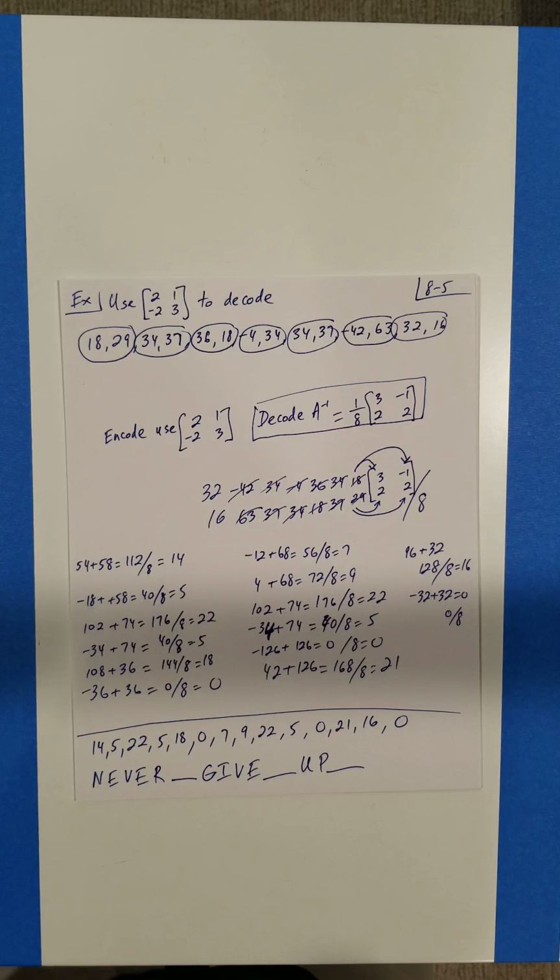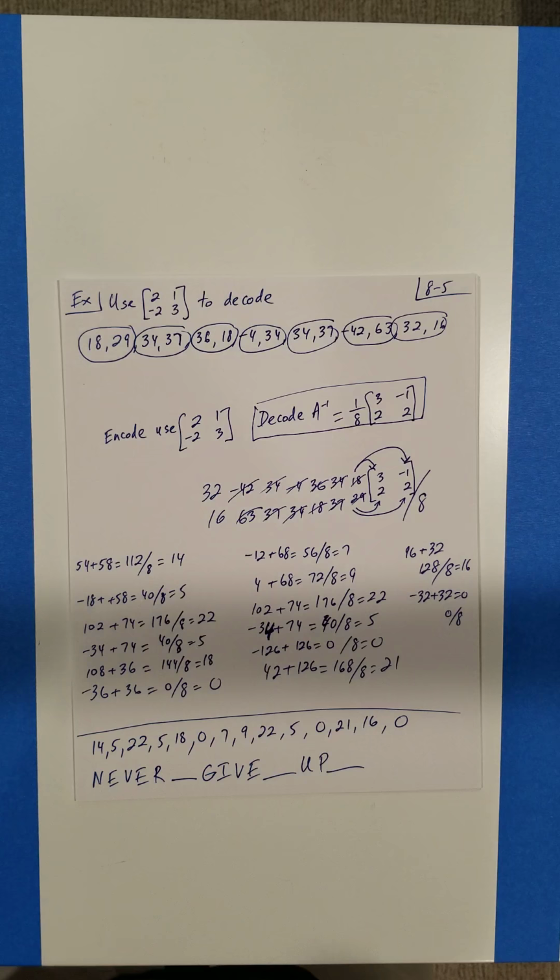Cross those out. Next, I'm going to use my last set of numbers, 32 and 16. 32 times 3 is 96, and 16 times 2 is 32. So 128 divided by 8 gives me 16.